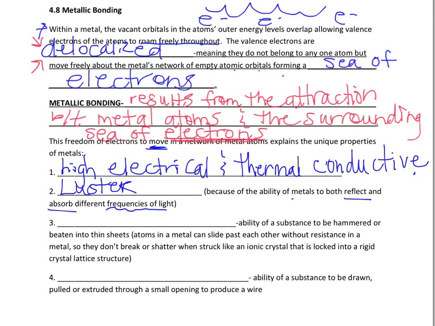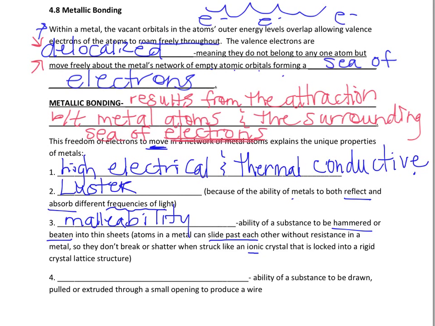The third one is malleability, which we talked about in a bell ringer last week. When I bent the spoon, it's the ability of a substance to be hammered or beaten into thin sheets. Atoms in a metal can slide past each other without resistance, so they don't break or shatter when struck like an ionic crystal would that's locked into that rigid crystal lattice structure.